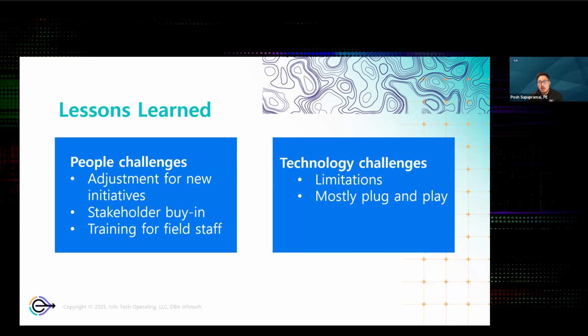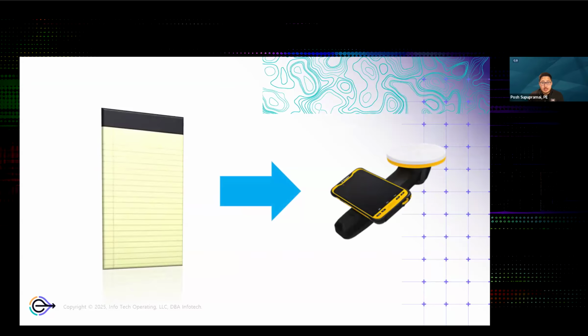But I would recommend having an admin on the Appia side and also on the Esri side to maintain the connection between the project and the web map. And at the end of the day, we want to get away from the yellow notepad into something more accurate and data dependent, like this yellow Catalyst DA2.